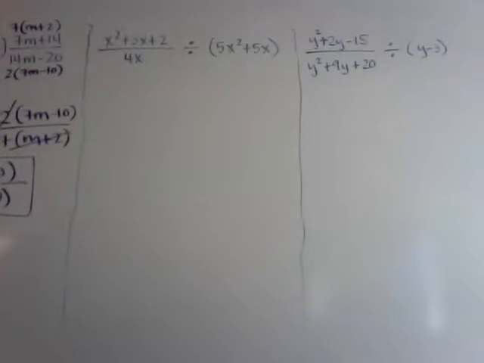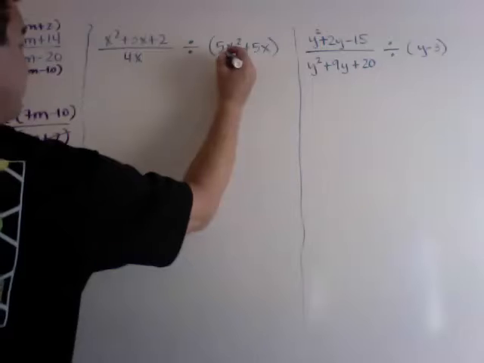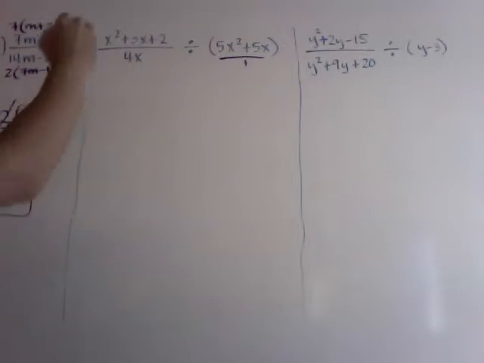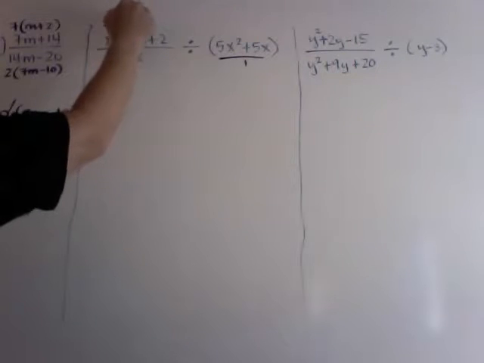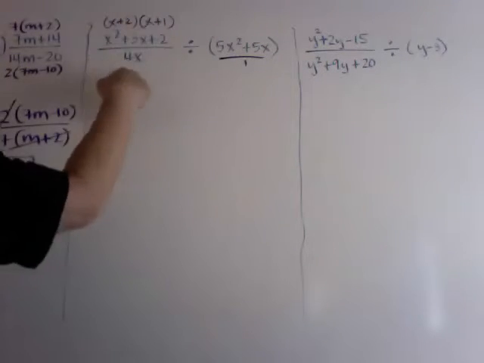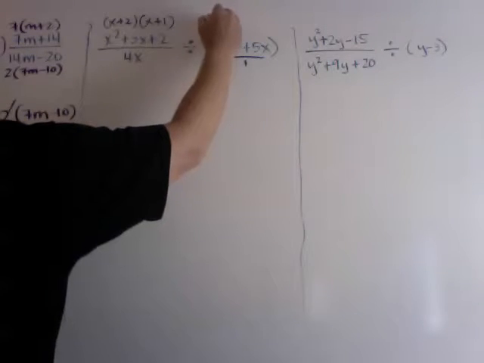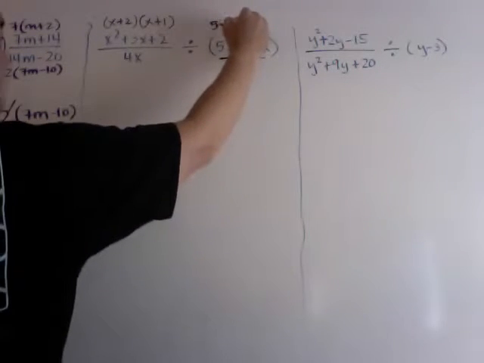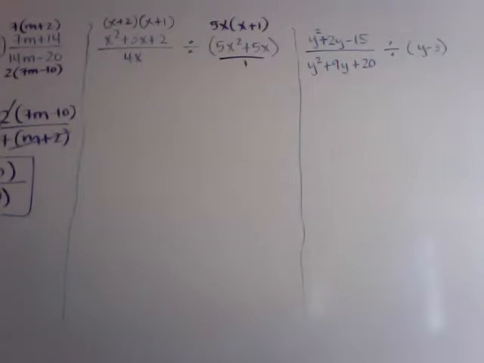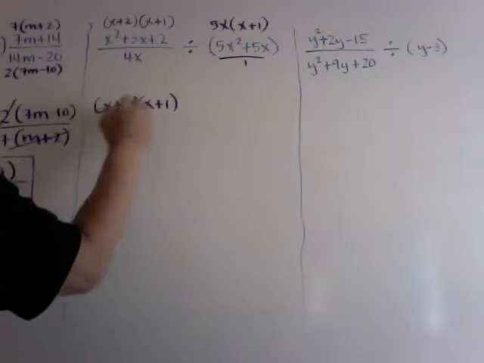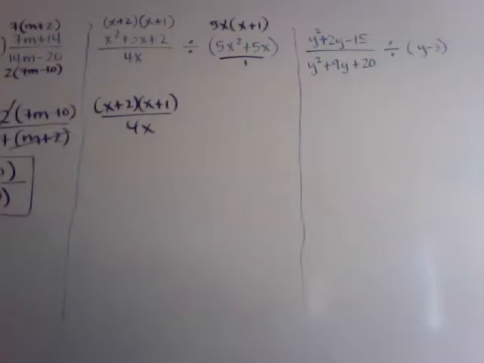Here's another example. So again, I would put this over 1 before we flip it, because this is dividing by. So let's factor. This would be x plus 2, x plus 1, leave that there. On the top here, I could pull out a 5x. And if I did that, I would get x plus 1. So all I did was factor. Now I'm going to drop this down: x plus 2, x plus 1, all over 4x.